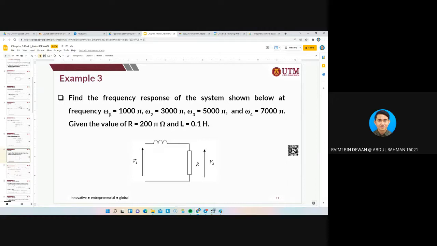You can see here, okay, I would like to point out because more often than not, a mistake is made on the x-axis. Here it is mentioned that omega 1 equals 1000 pi. So it means omega 1 is equal to 1000 pi. If it's mentioned omega 1 equals 1000, it means 2 pi f is equal to 1000. So it is not the same.